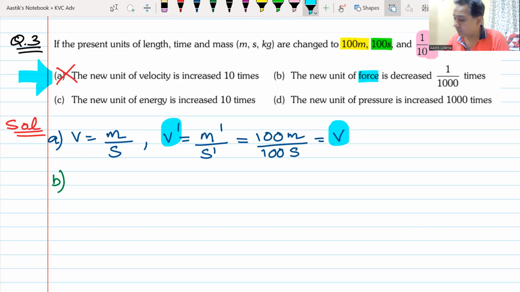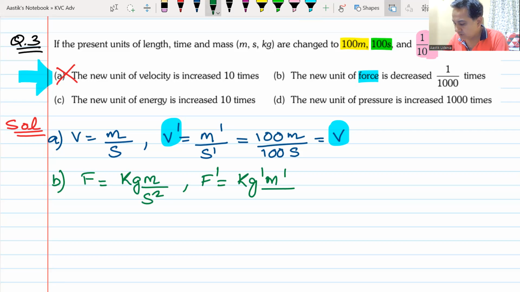I am now checking the new unit of force. Let me first write the original unit of force. The original unit of force is kg meter per second square. My new unit of force will be kg dash meter dash divided by second dash square.